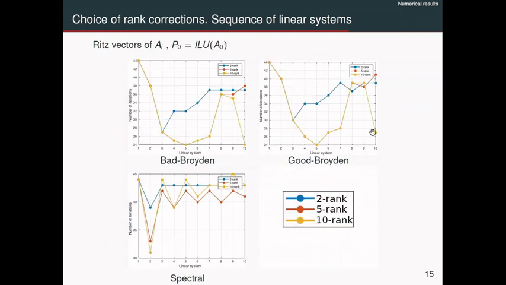Here we have tested the rank of the correction, and in all cases we can observe that a low-rank approximation is enough to obtain good results. And if we use rank 5, we can observe a similar number of iterations as with rank 10, and it is also cheaper. So rank 5 is more recommendable.